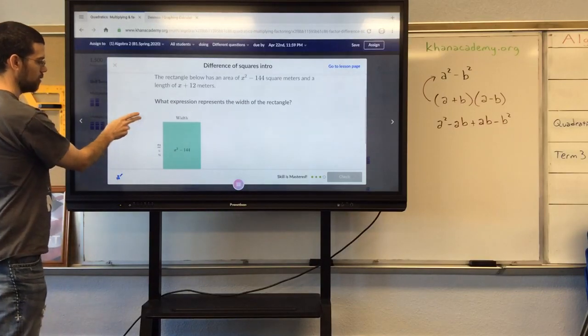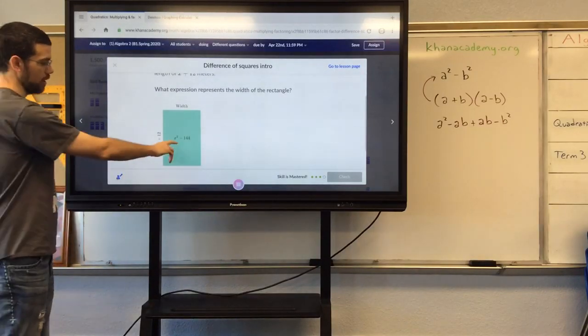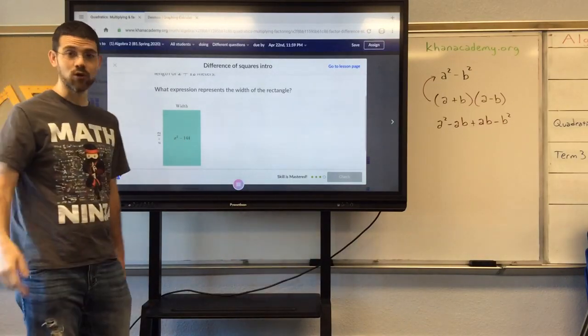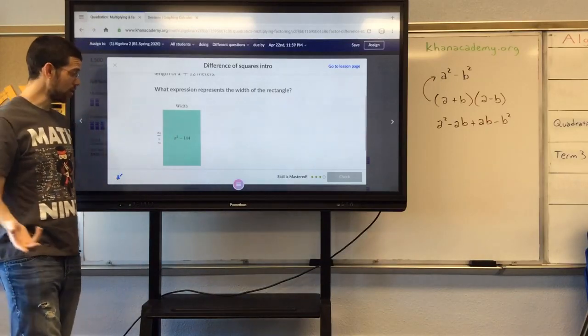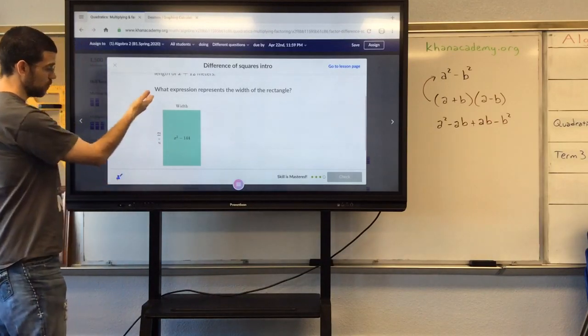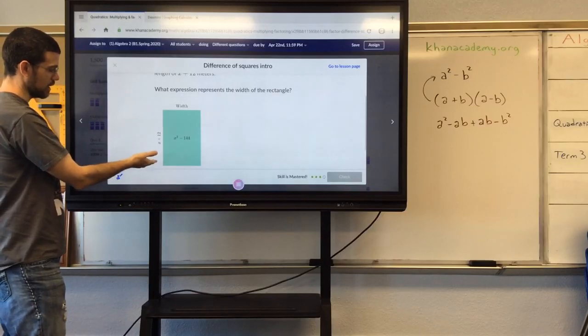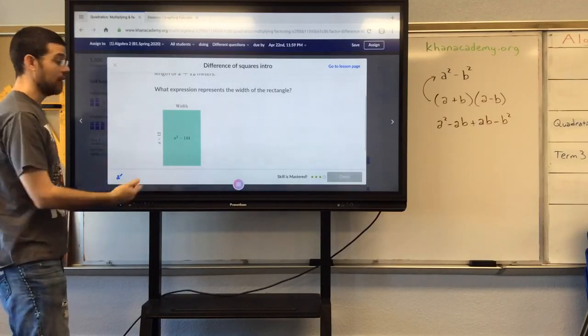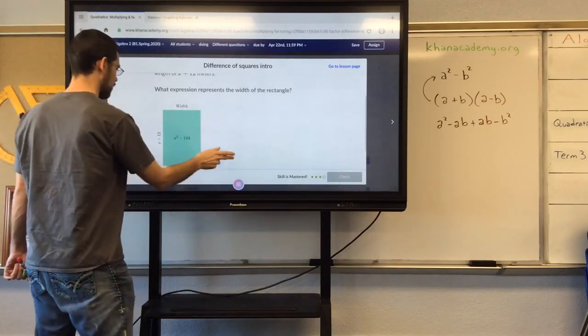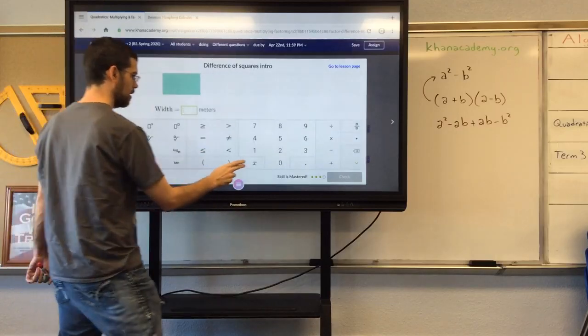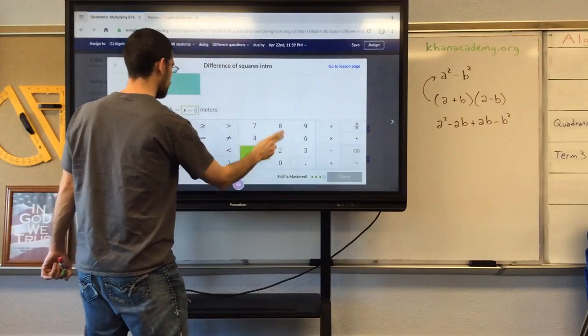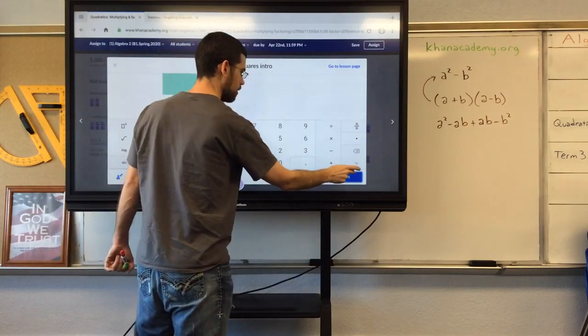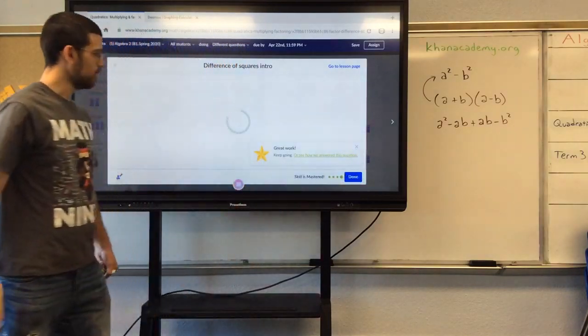And here we've got a rectangle with an area of x squared minus 144. Both of those terms are square. So if this side length is x plus 12, then the other one must be x minus 12. And we're done.